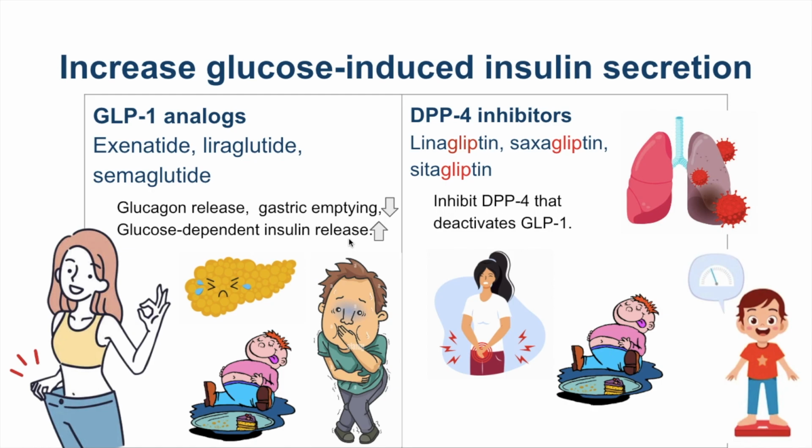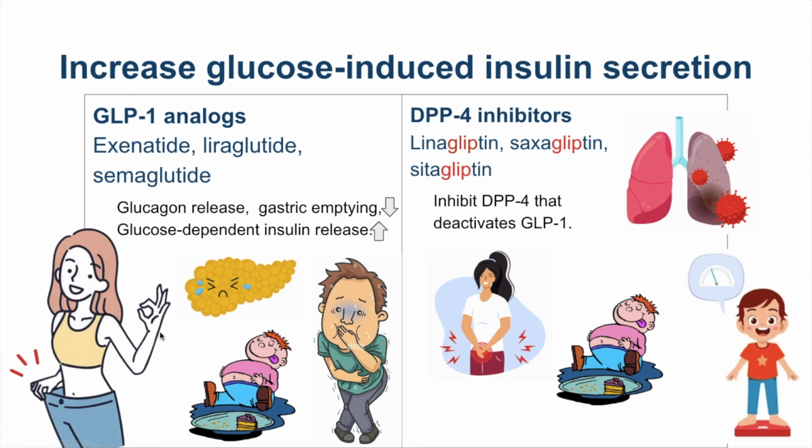Adverse effects are nausea, vomiting, pancreatitis, and it increases satiety, which is often desired. These adverse effects are very logical because when we decrease gastric emptying, it can cause nausea, vomiting, and increase the feeling of satiety. These drugs help patients to lose weight, which is often very desirable.